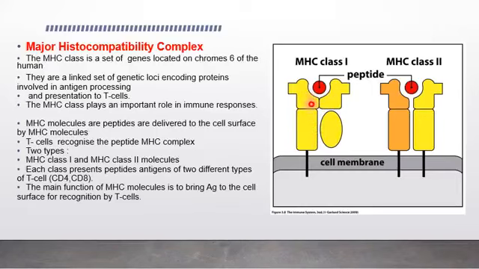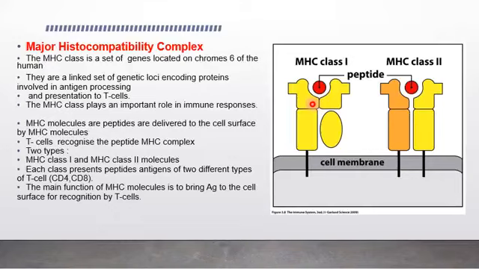T cells recognize the peptide-MHC complex. I will explain that later because we want to understand some important points about how MHC class 1 or MHC class 2 holds the peptide fragments on the cell surface and reacts with the T cells, and the T cell receptors can recognize them.